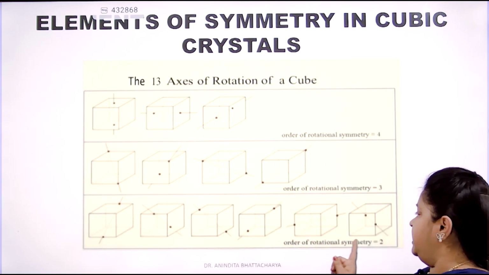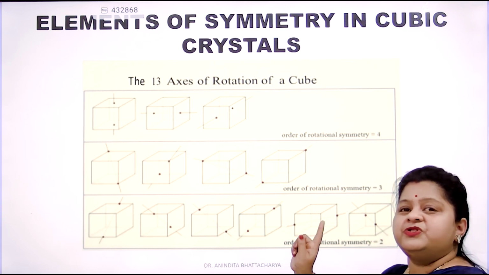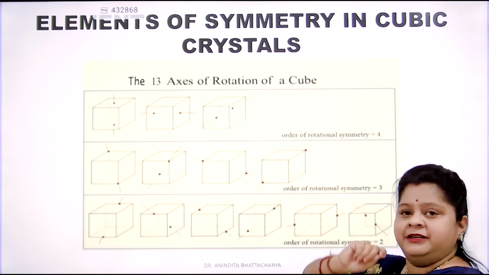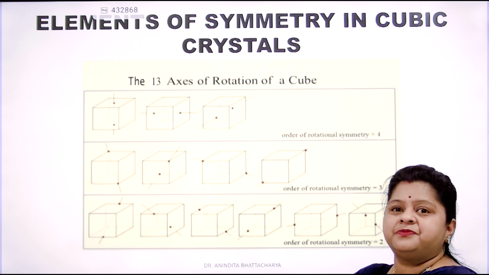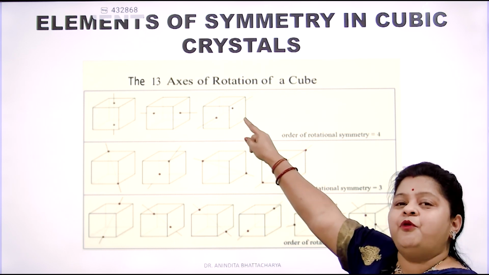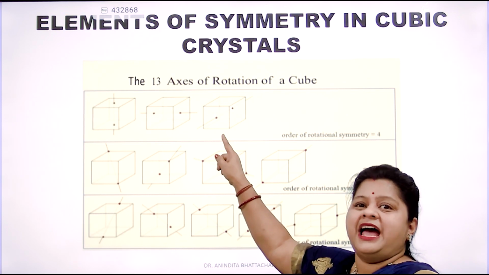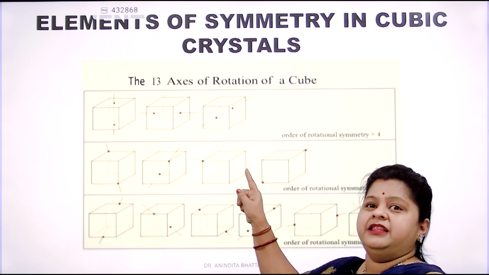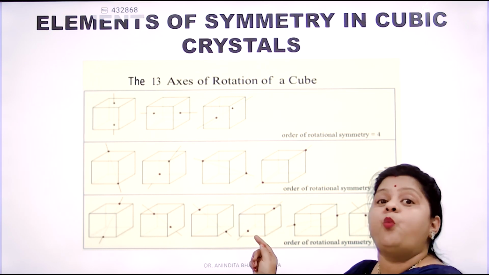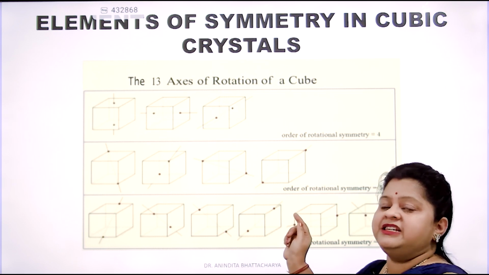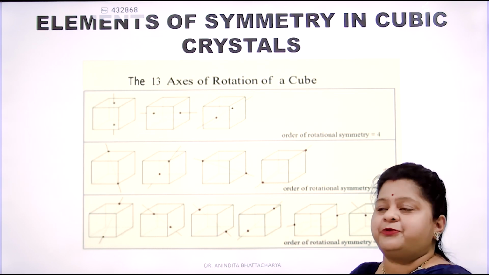Then 6 with order of symmetry 2. So 6 plus 4 plus 3, that makes it 13. In this, what is the angle? It is 4, that means the angle is 90. Then it is 120. And in the twofold, it is 180. So you can see there are 13 rotational axes of symmetry.